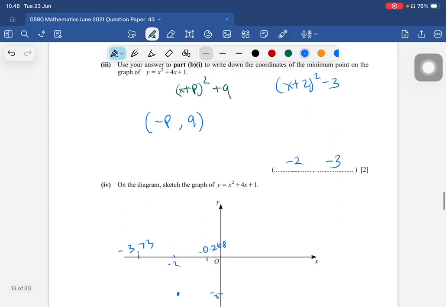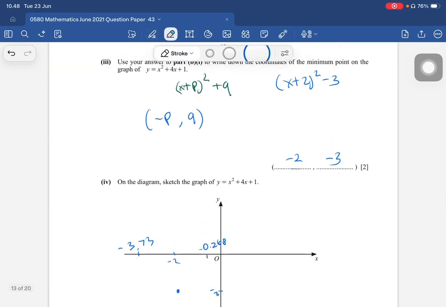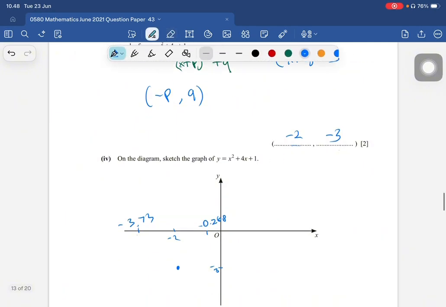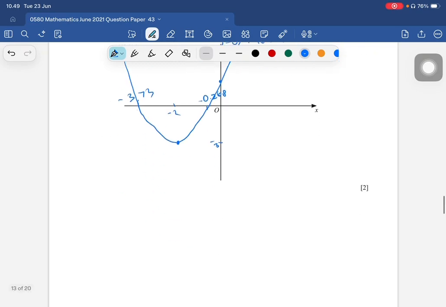Then let us find the y-intercept. So y equals 0 squared plus 4 times 0 plus 1, so y equals 1, and here it is. Then we can just draw the graph, crossing the line. Here it is.